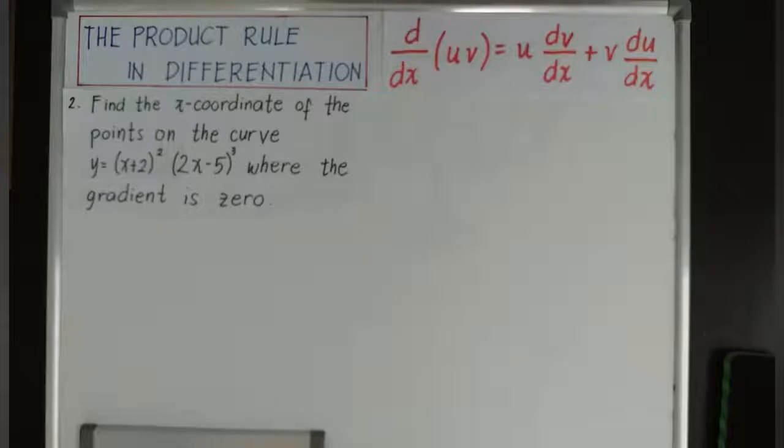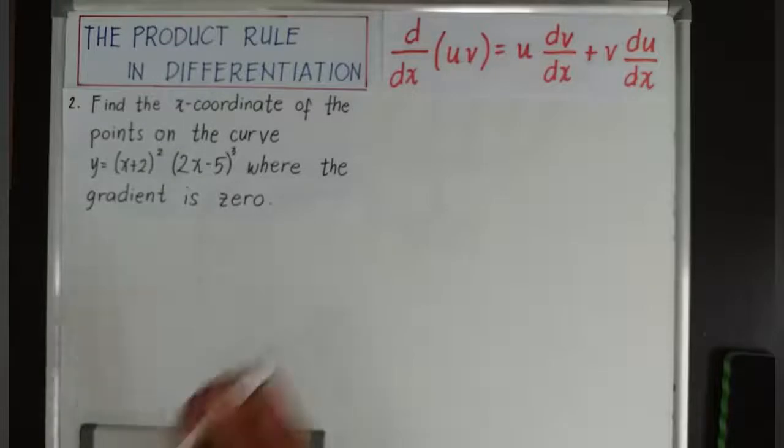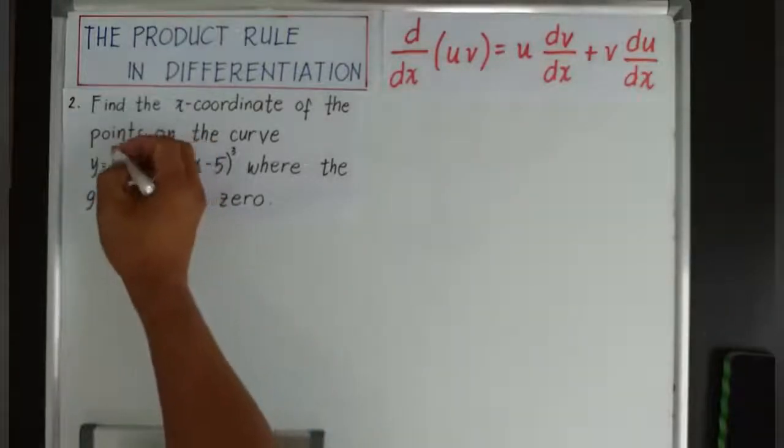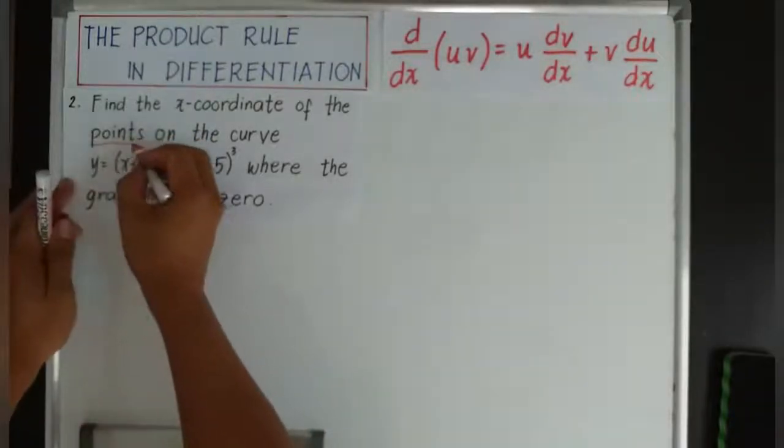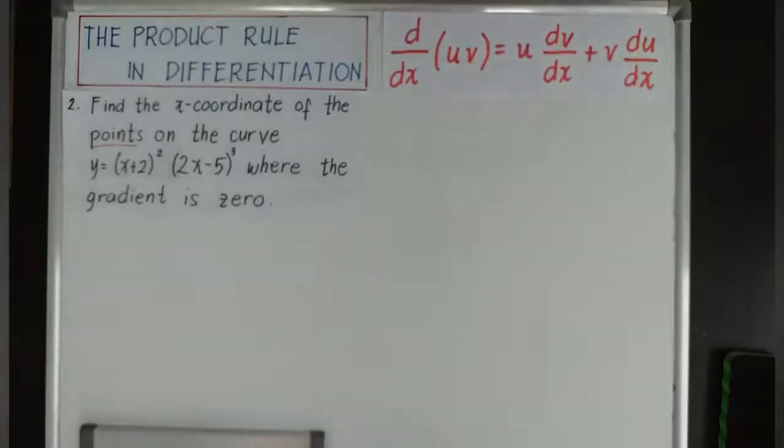Okay, so let's proceed. Find the x-coordinate of the points on the curve. You notice it says points again. So it's not a single point, but rather it can be two or more points. There might be 2 values of the x-coordinate, or 3 or 4.